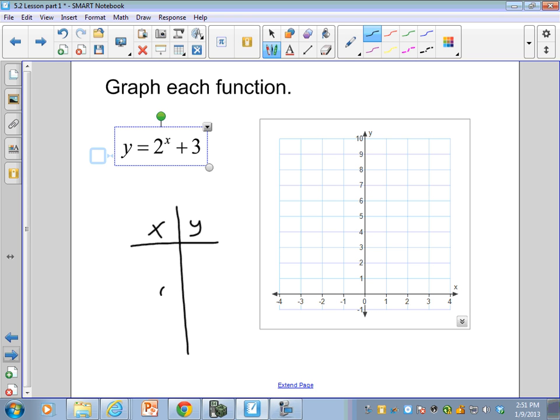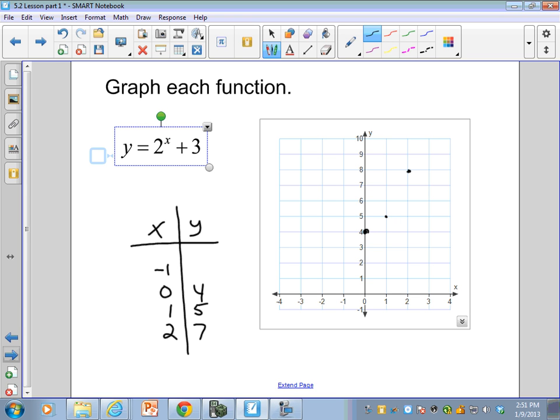X is 0. Y would normally be, anything to the 0 power is 1, but 1 plus 3 gives me 4. So at 0, I'm going to start up here at 4. At 1, normally it'd be 2. 2 plus 3 is 5, so now it's 5. At 2, normally it'd be 4, plus 3 would be all the way up at 7.